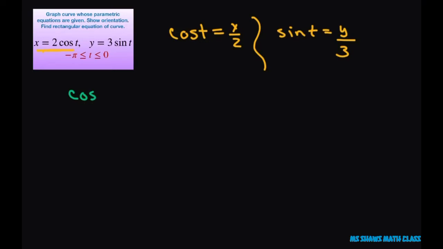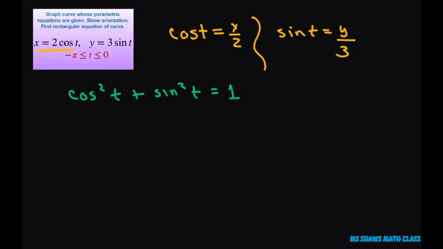Let's rewrite this as cosine of t equals x divided by 2. Just divide both sides by 2. And sine of t equals y divided by 3. Our Pythagorean identities give us that cosine squared of t plus sine squared of t equals 1.